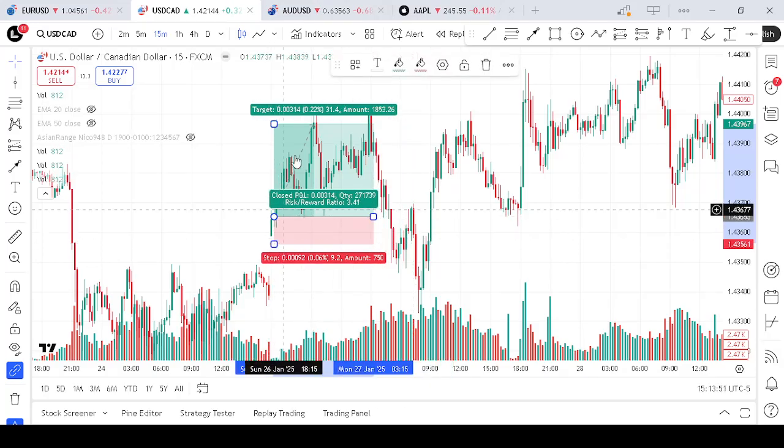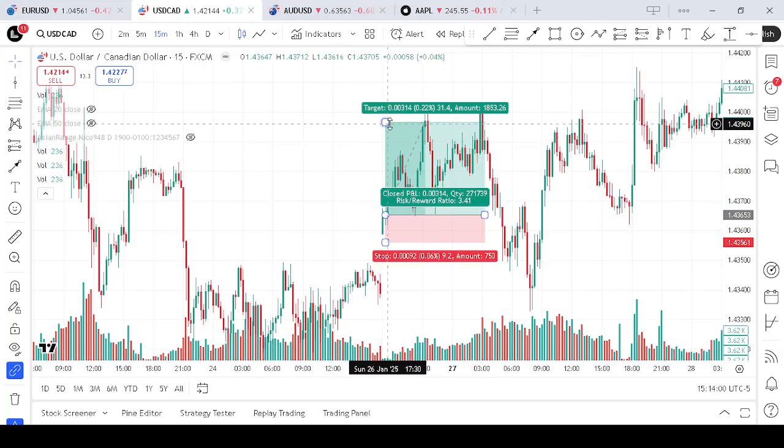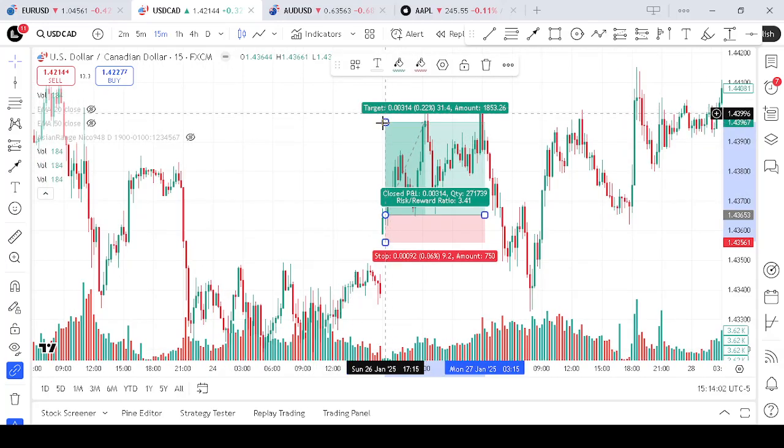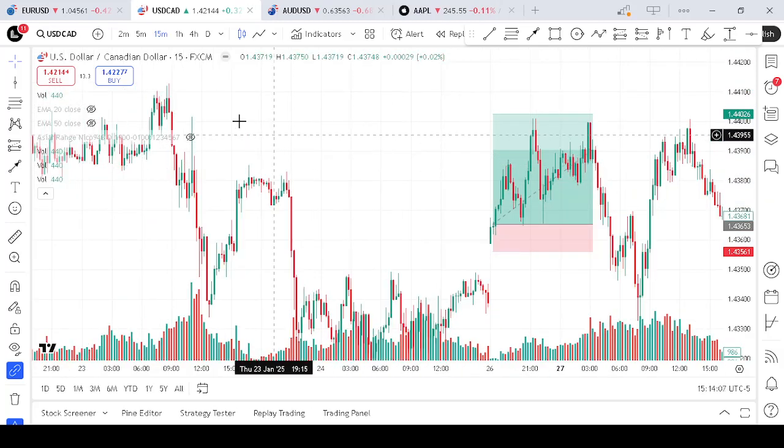Then our profit target, we should aim for previous swing structures, or we can aim for support and resistance areas. This area was previously a resistance area.